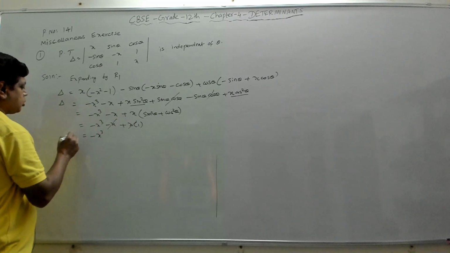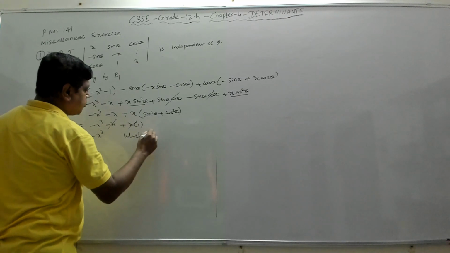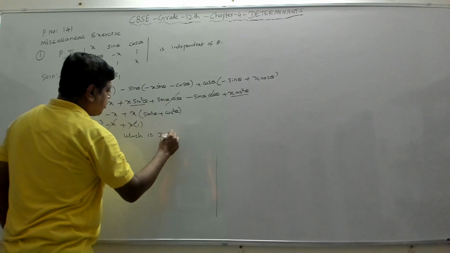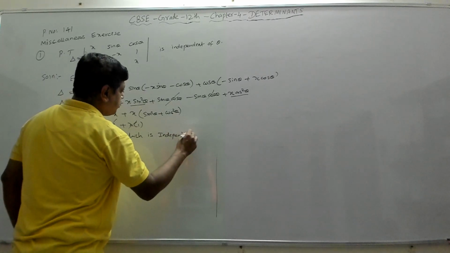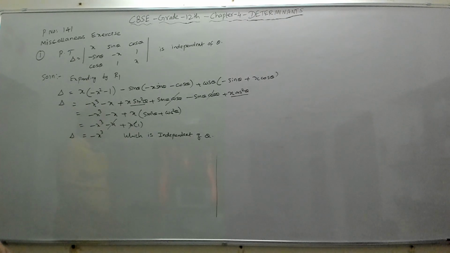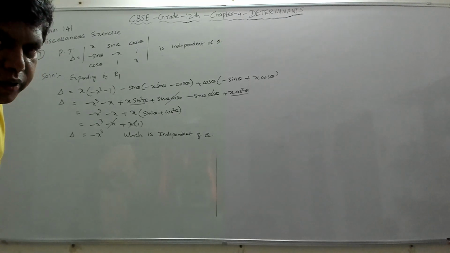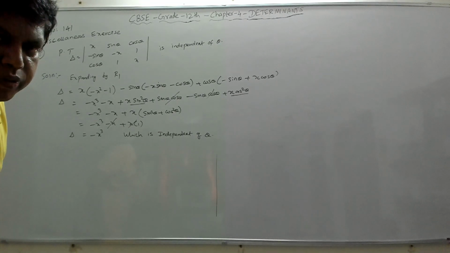You will get minus x cube, which does not have theta, so it is independent of theta. So the final value of the determinant delta is independent of theta.